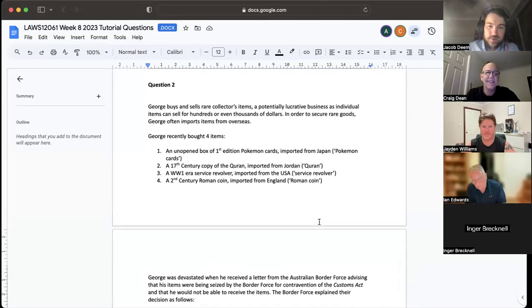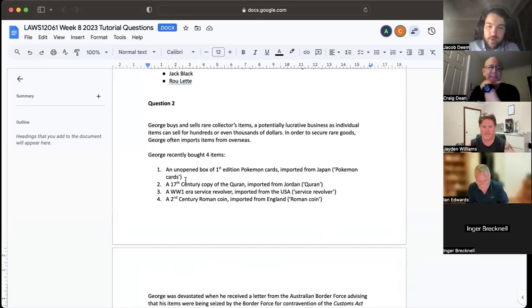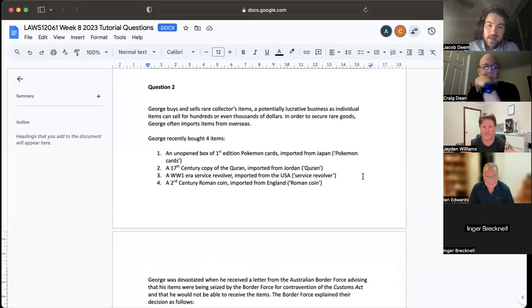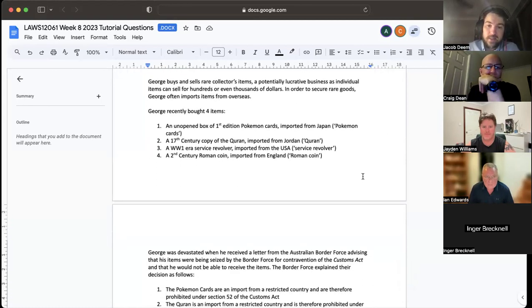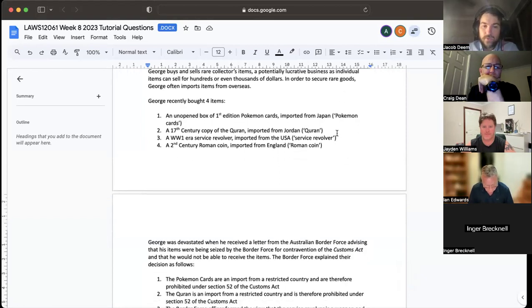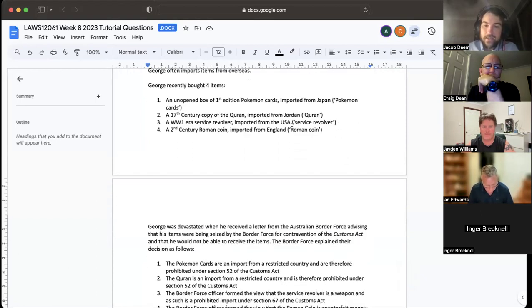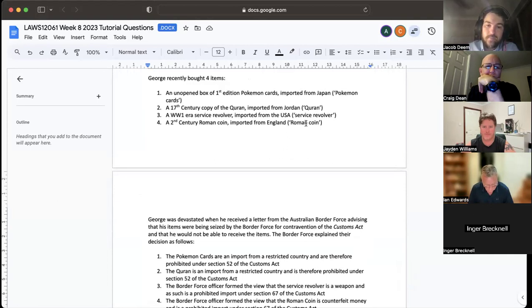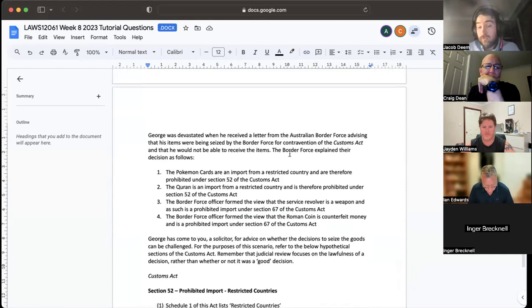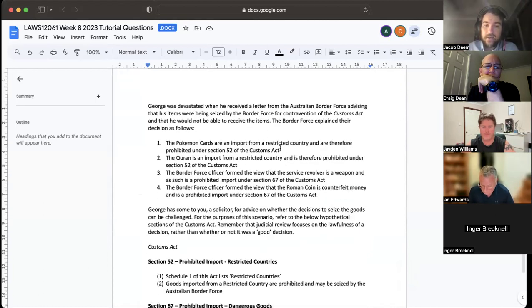So question 2, we've got George who buys and sells rare collective items, and there's 4 items that he's bought recently. He's got some Pokemon cards from Japan, a Quran from Jordan, a gun from the US, and a coin from England. All 4 of those items get seized by Border Force, and they set out some reasons for that.